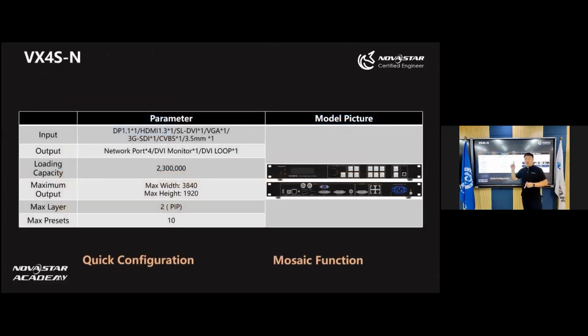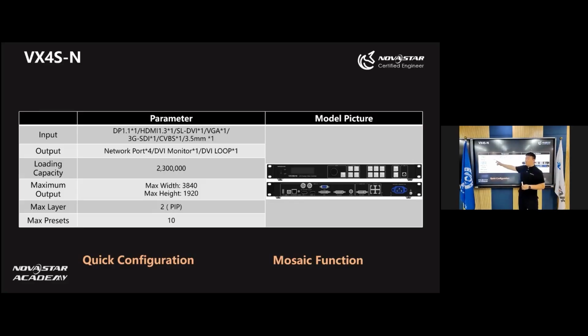For the VX4S, the basic one, let's look at the input part. We have DP 1.1, HDMI 1.3, single link DVI, and also 3G SDI, CVBS, and audio input.